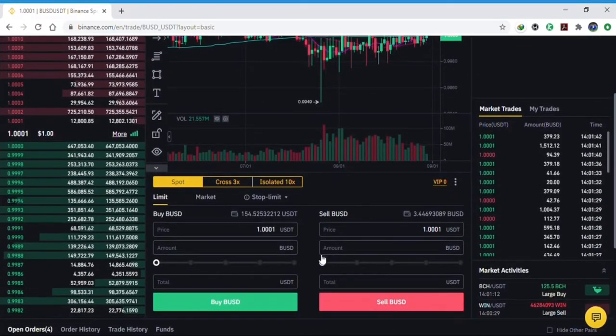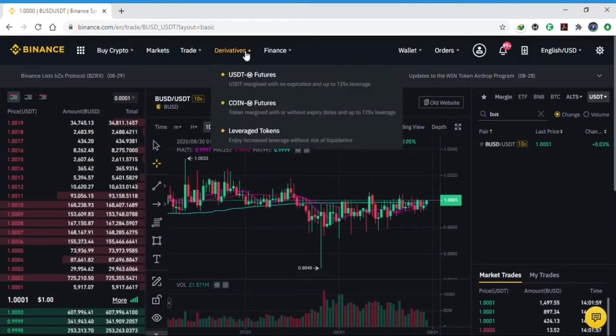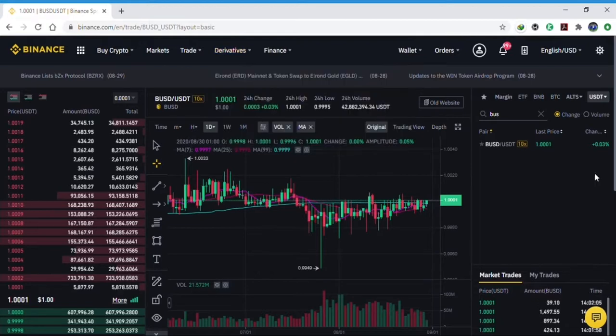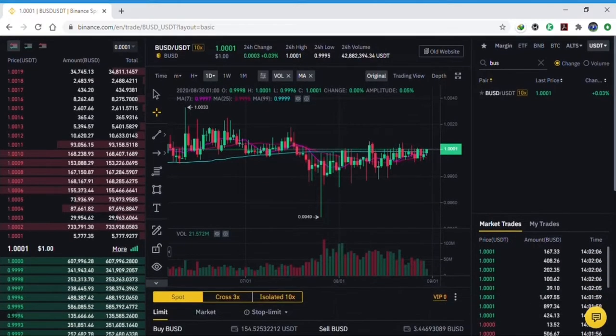Okay, so I can buy BUSD with USDT, which is not what we came here for, but yes, this is it. Or sell my BUSD for USDT, so I can trade the futures derivative here, and vice versa basically.